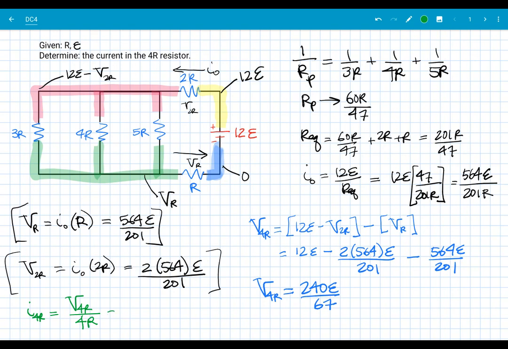So that will end up being that 240E over 67, and then we just divide that by 4R. And here we end up with 60E over 67R. And that is our current through the 4R resistor.